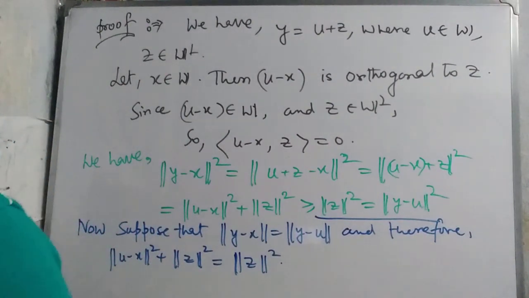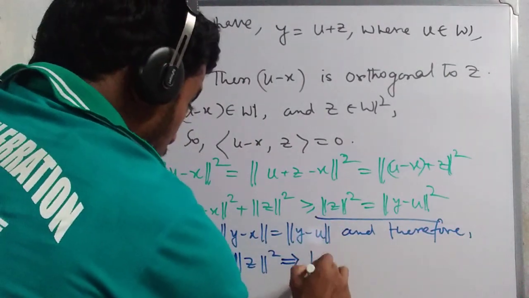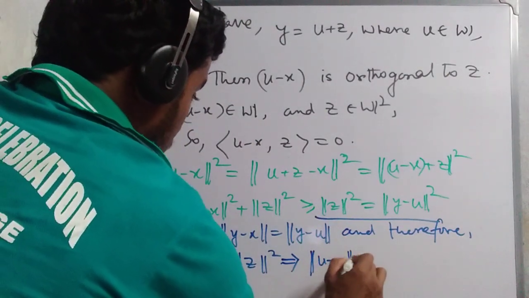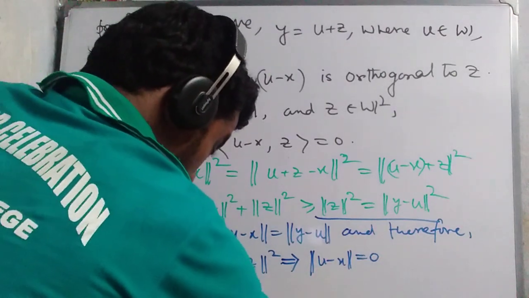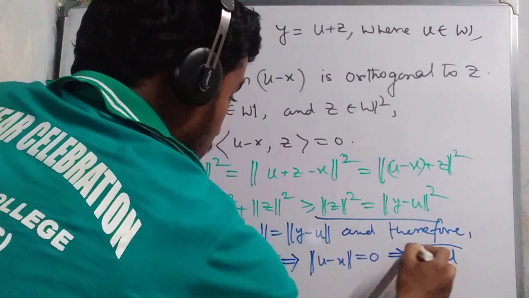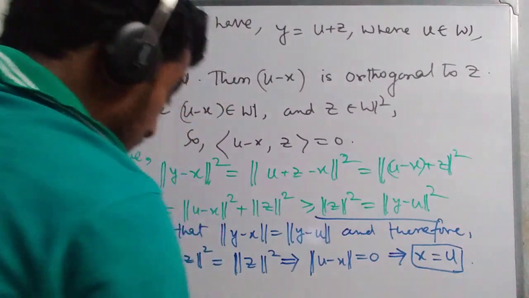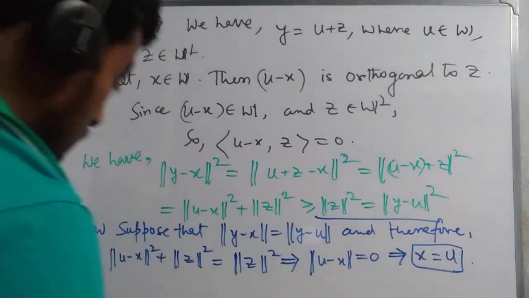This implies the norm of u minus x equals 0. This implies x equals u. Then we also prove this one.